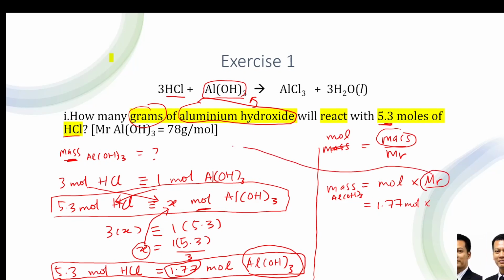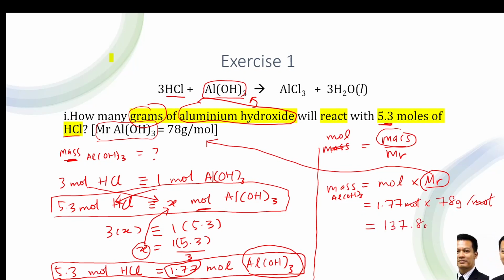Mr of aluminium hydroxide is already given. So 1.77 mole times 78 gram per mole. The unit of the mole will be cancelled off. So you will get the answer that is 137.8 gram.